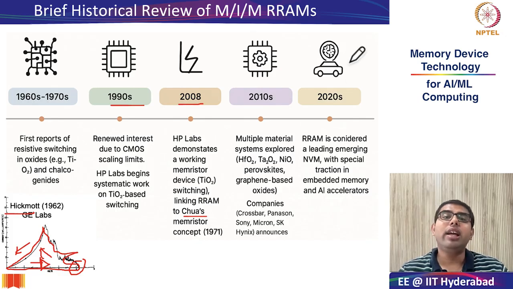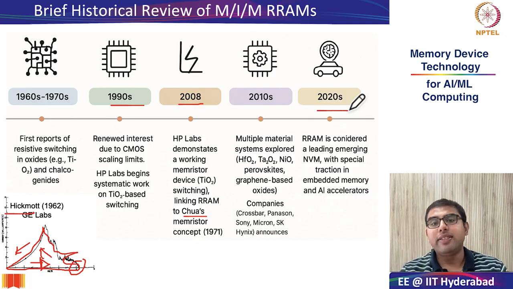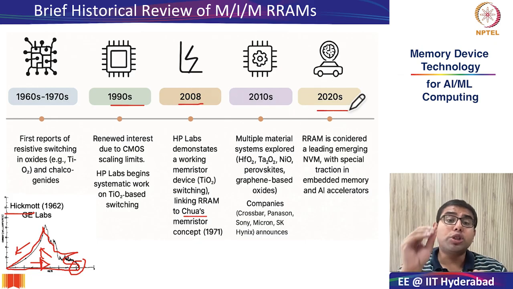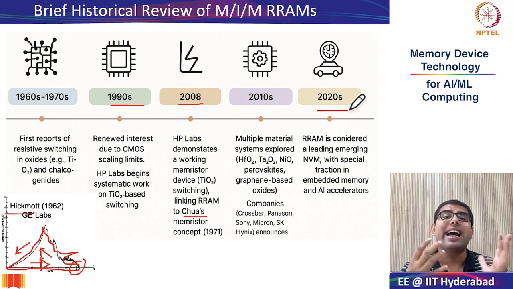Very interestingly, in the context of our course, in the 2020s it was realized that RRAMs could be the leading candidate in emerging eNVMs, with special interest not just in embedded memories but for analog computing and AI accelerators.